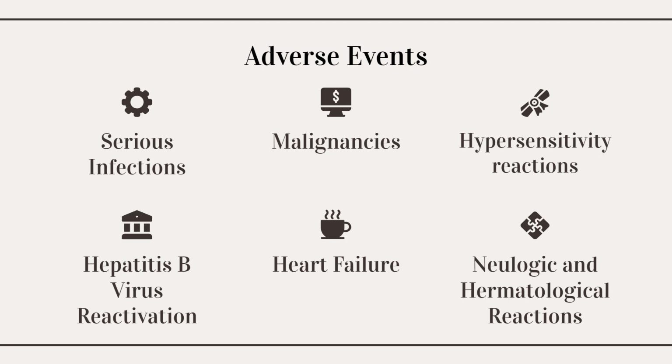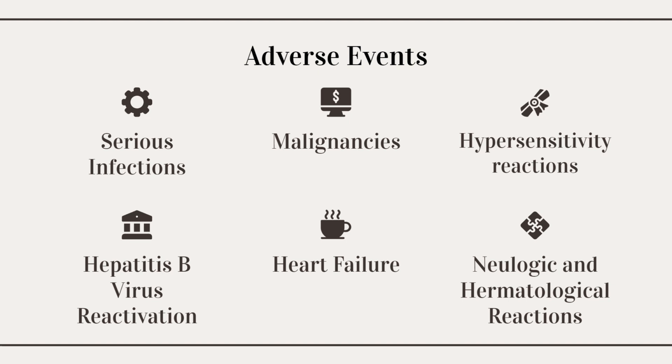Third, if the patient has any serious reaction, including intense rashes or any anaphylactic reaction like swelling of the tongue or any inflammation in general. Fourth, use of TNF blockers, including Humira, may increase the risk of reactivation of hepatitis B virus in patients who are chronic carriers of this virus.